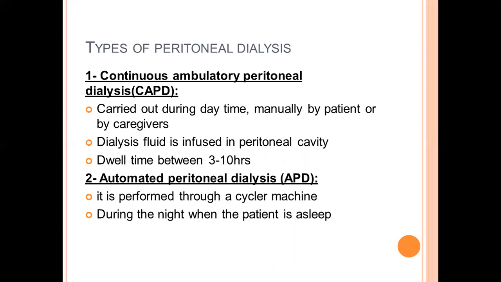Dialysis fluid is infused into the peritoneal cavity and the dwell time is between 3 to 10 hours. It is convenient for the patient as well. Automated peritoneal dialysis is performed through a cycler machine. It requires a machine, so it is not as convenient for the patient. It is done during the night, when the patient is asleep.